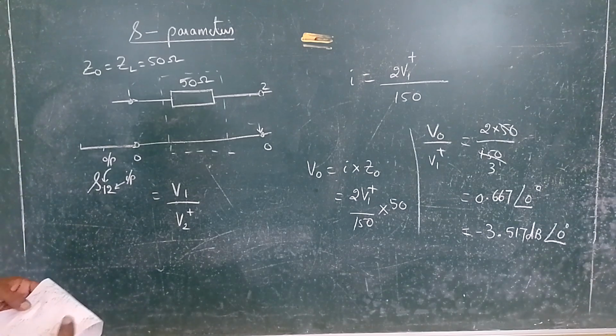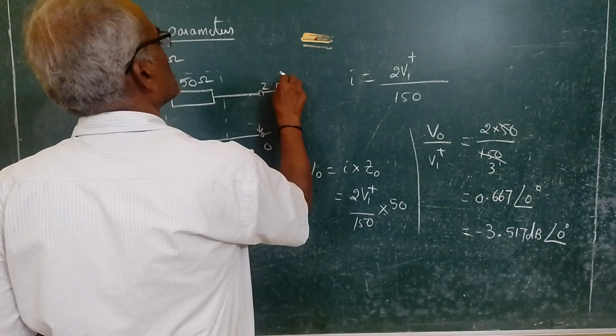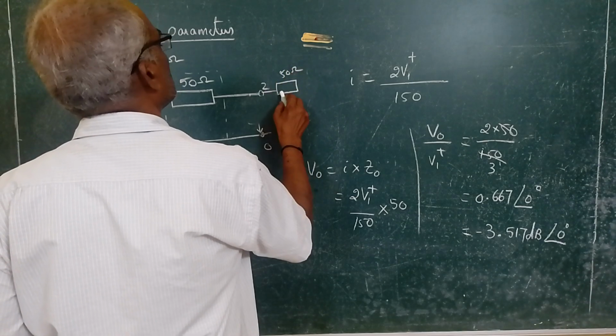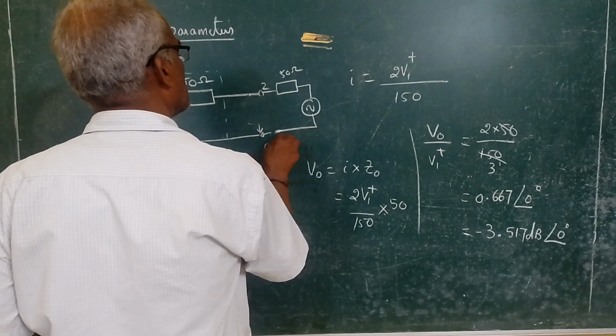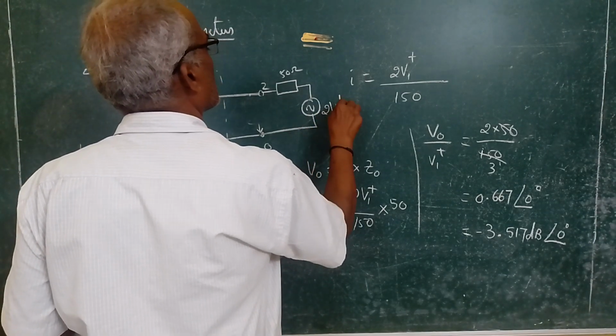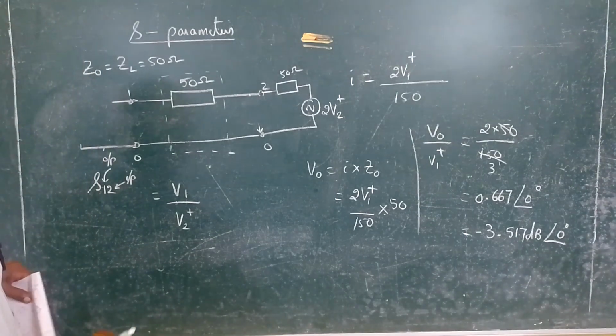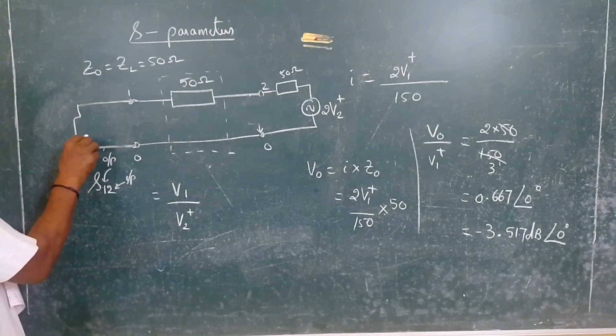So at the input, it is given in port 2. This is 50 ohms Z0. Then we are connecting a voltage source, which is 2V2 plus, and we are receiving the output at port 1. So we have a load, that is 50 ohms.